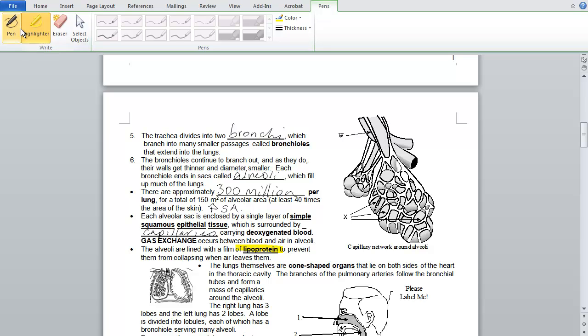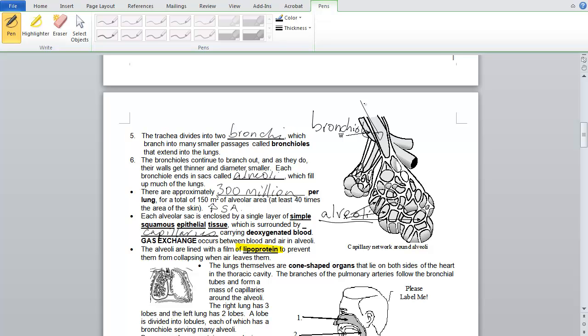So the air, we remember air, not oxygen, would be entering. W would be a bronchiole. And the small sacs that X is pointing at, these would be alveolus, or alveoli, plural, alveoli.